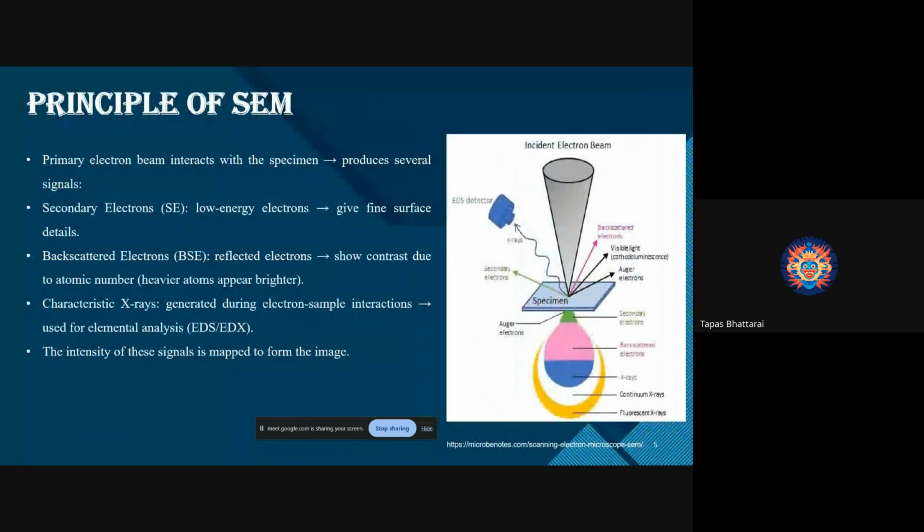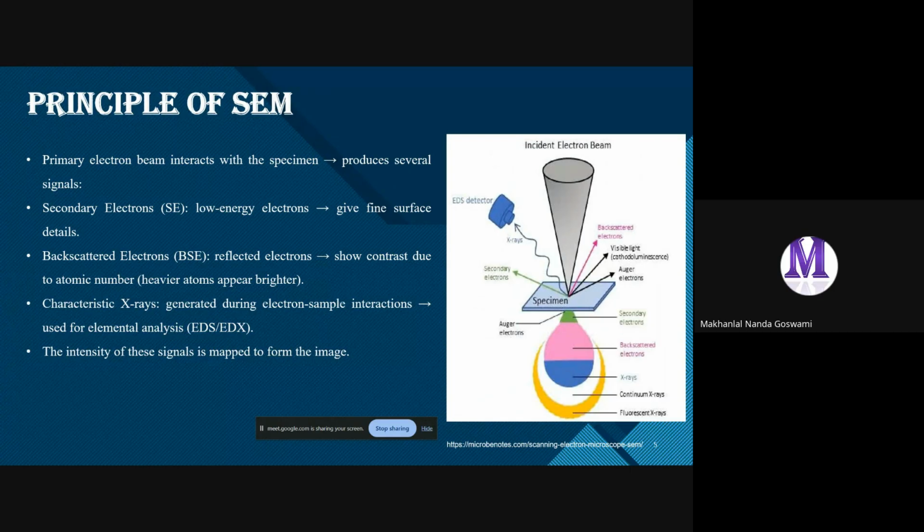So now we're going to look into the principle of SEM. The basic principle of SEM lies in electron sample interaction. When the primary electron beam hits the specimen, it generates different signals. Firstly would be the secondary electrons. These are low energy electrons which are emitted from the sample surface, and this gives us the fine surface details. And second would be the backscattered electrons.